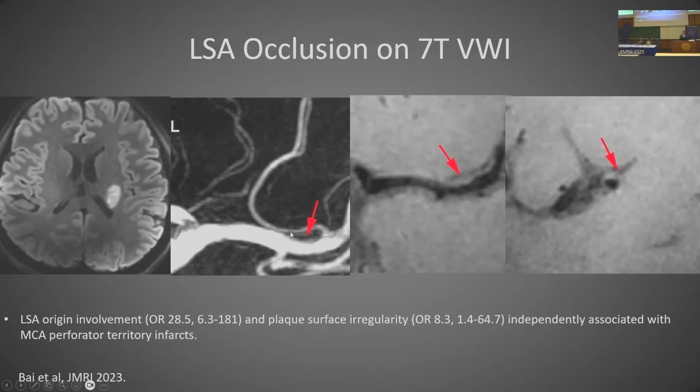In this example, you can see there's maybe a slight indentation along that superior aspect of the MCA in association with that perforator branch, but really tough to prospectively call it on MRA. I think that would go missed 99.9% of the time. We do the vessel wall imaging, and we can clearly see that there is an atherosclerotic plaque there along the superior wall of the MCA.